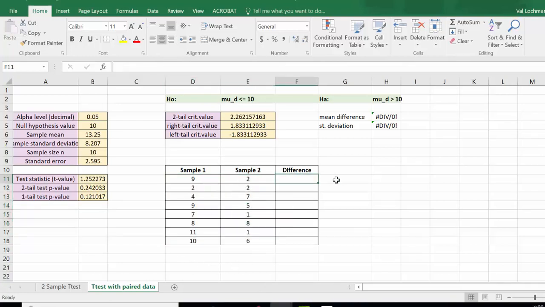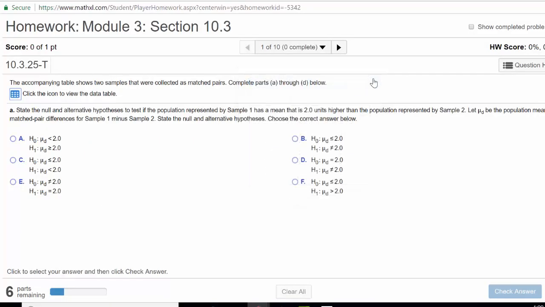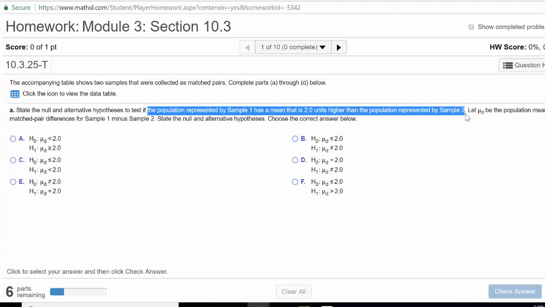Okay, so we have our data copied into our working file. What I'm going to do, I'm going to find the difference between these two sets of data. So let's take a look at what the problem is asking us to do. We want to state the null and alternative hypotheses to test if the population represented by sample 1 has a mean that is 2 units higher than the population represented by sample 2.